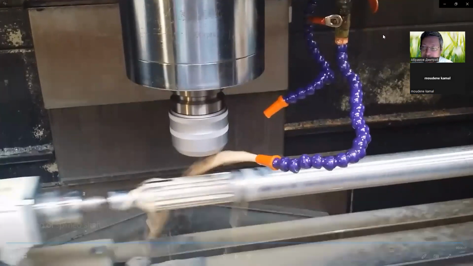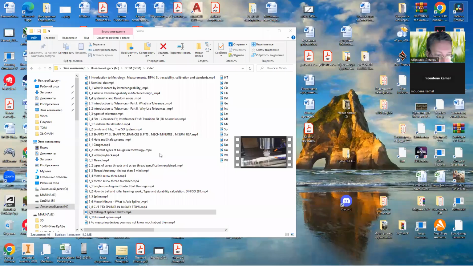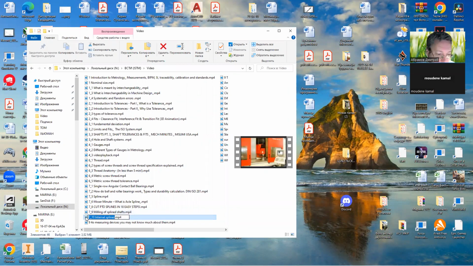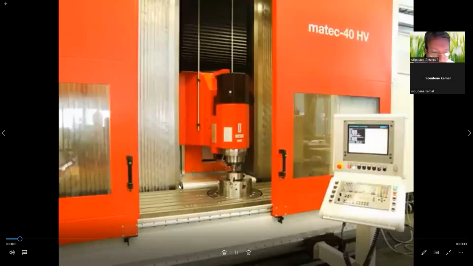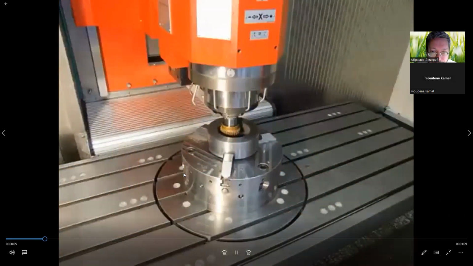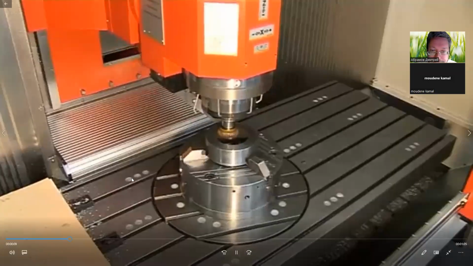It was external splines, and there is one more video about cutting of internal splines.